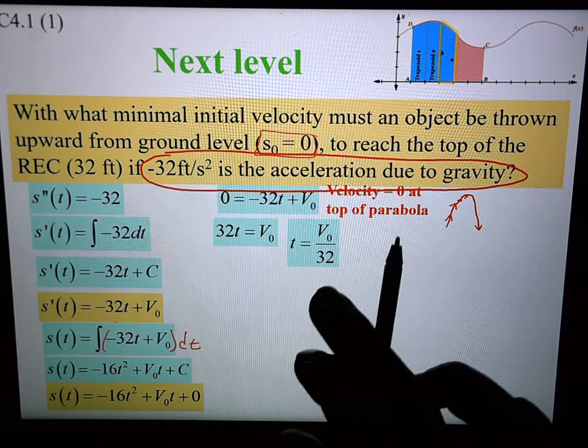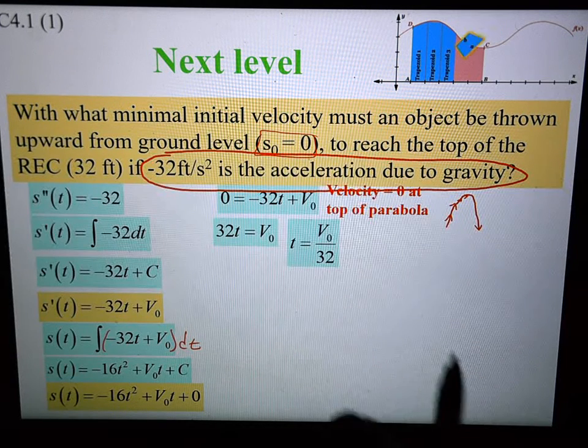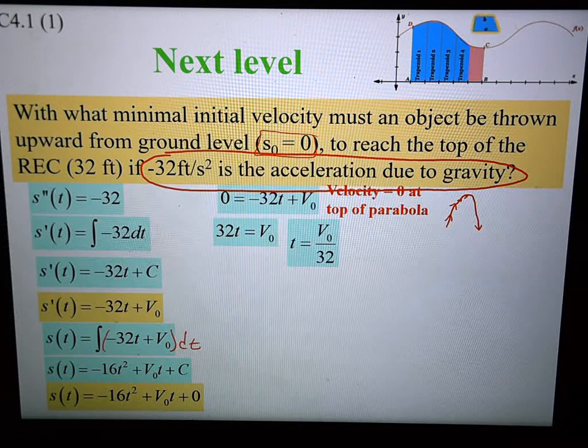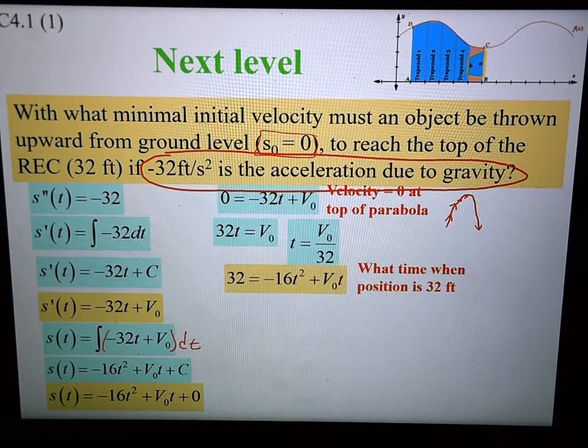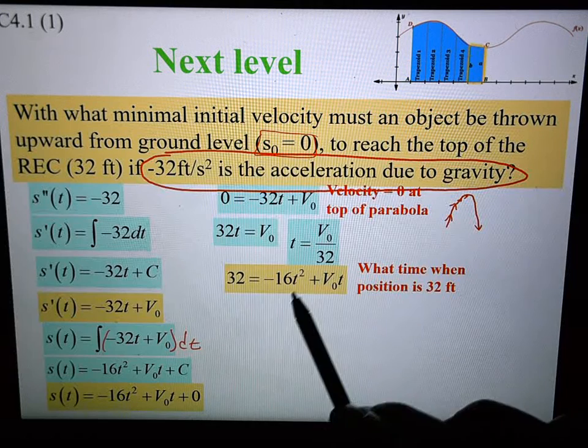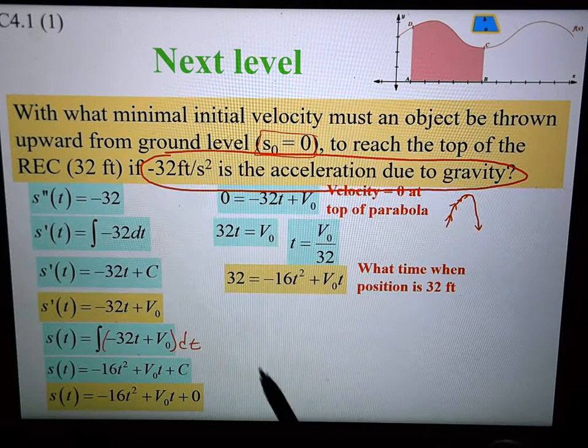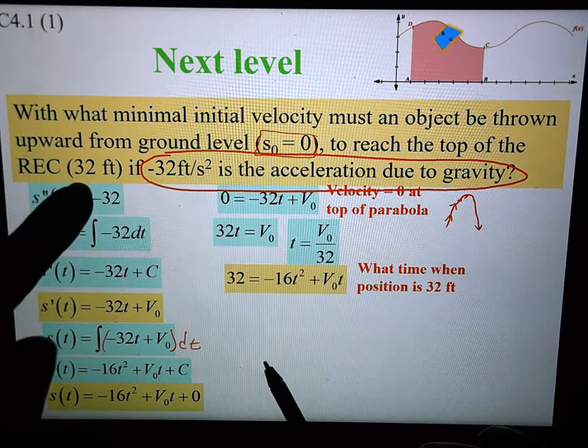What we can do with this is we can now plug this time into our position function. I have my position function, and it has to reach a position of 32 feet off the ground.